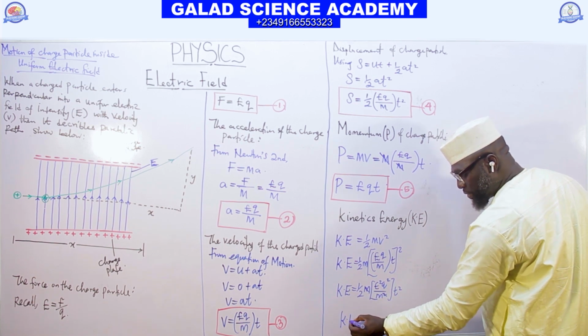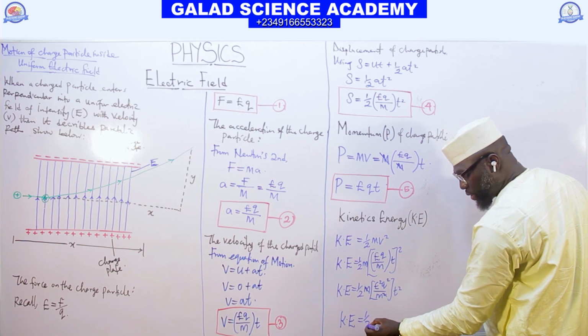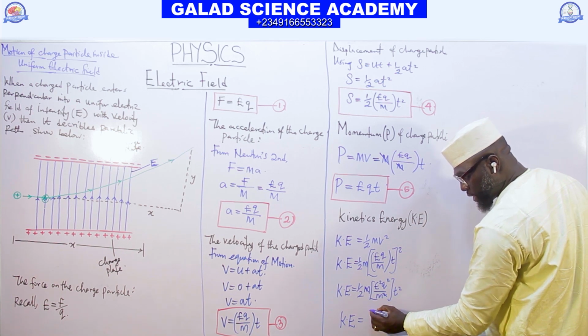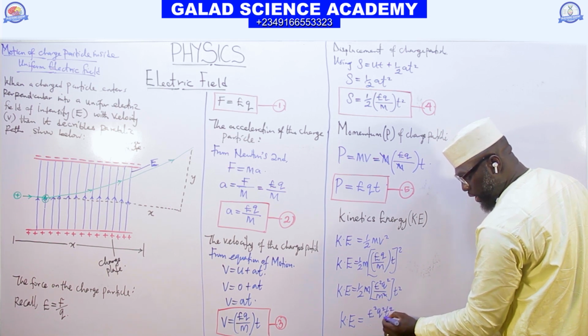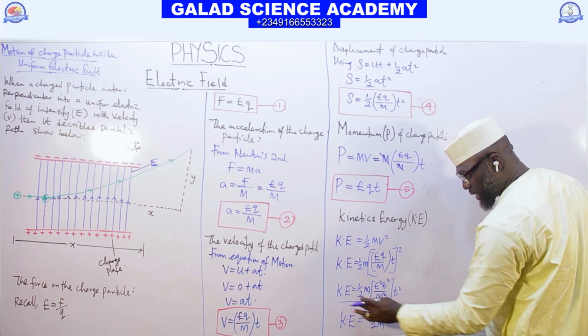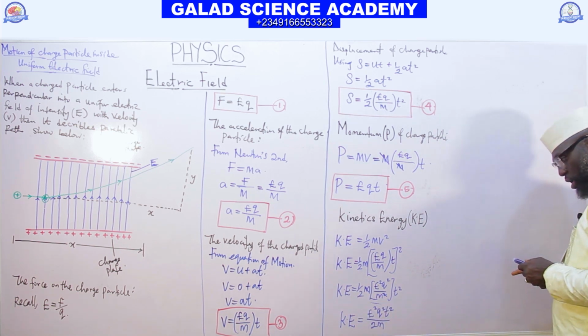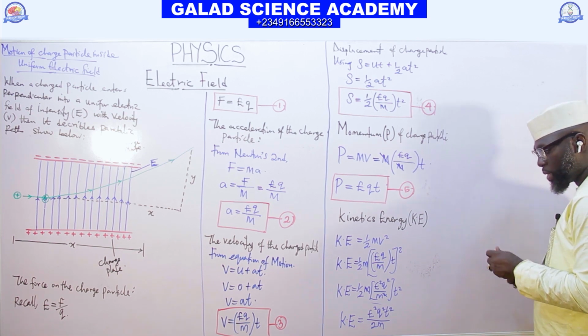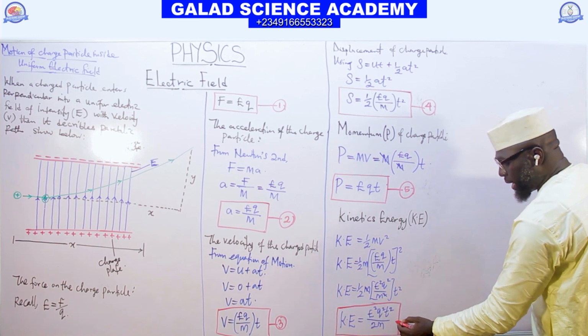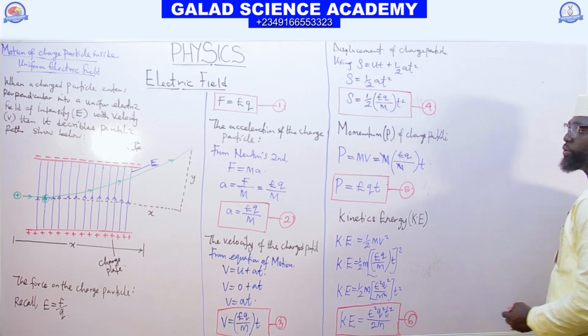The kinetic energy then gives us E squared, Q squared, T squared, everything over 2M. This is the kinetic energy of a charged particle in a uniform electric field.